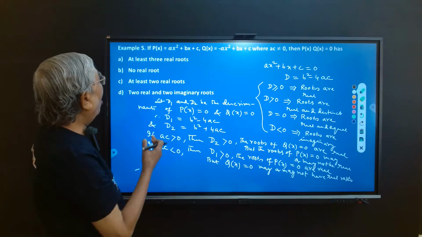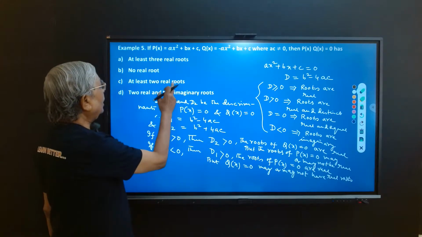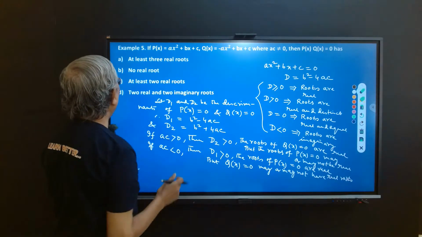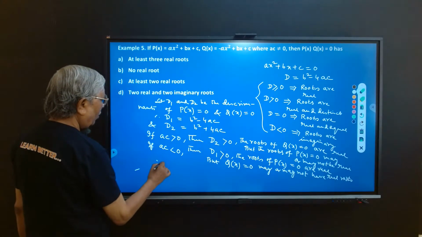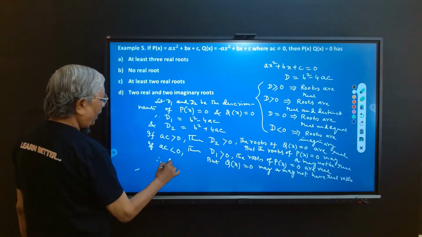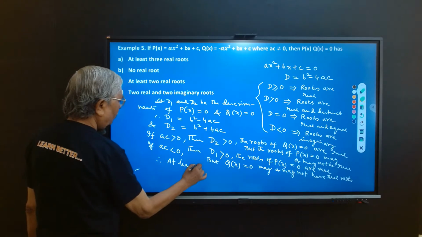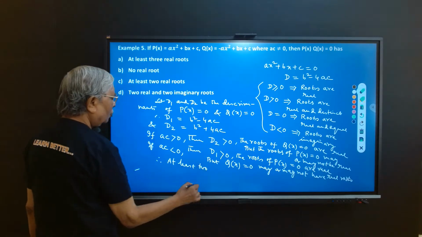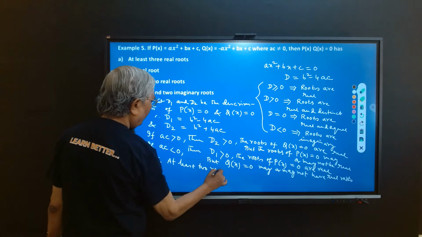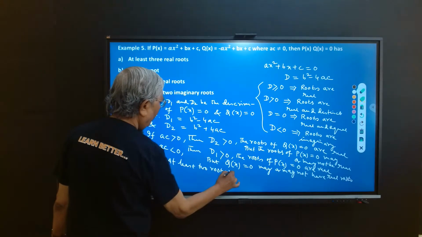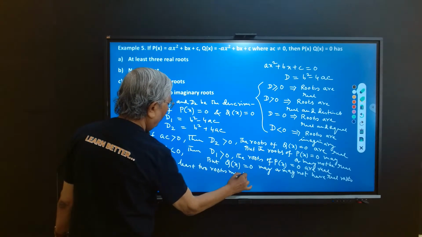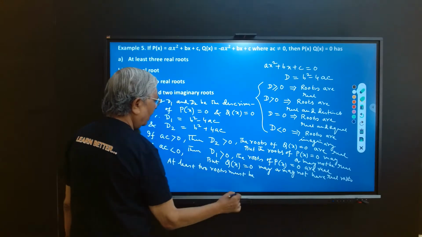Now look at the options. At least two roots must be real. Therefore, we can conclude that at least two roots must be real.